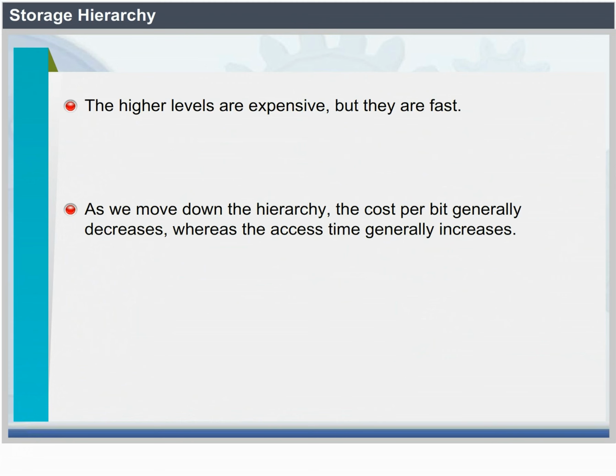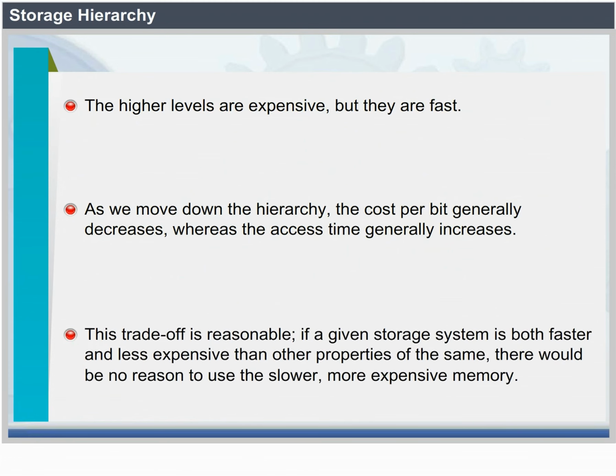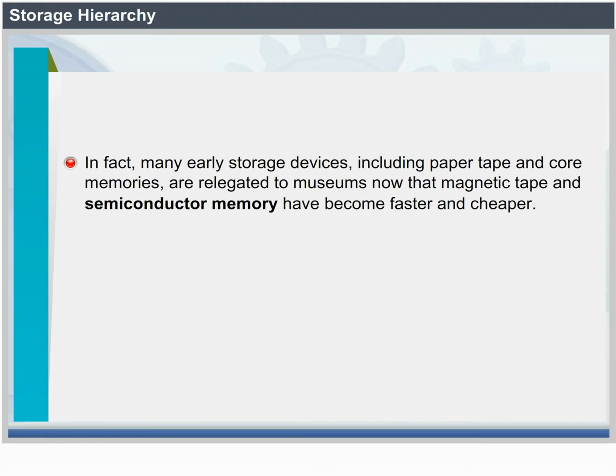This trade-off is reasonable. If a given storage system were both faster and less expensive than another, other properties being the same, then there would be no reason to use the slower, more expensive memory. In fact, many early storage devices, including paper tape or core memories, are relegated to museums now that magnetic tape and semiconductor memory have become faster and cheaper.